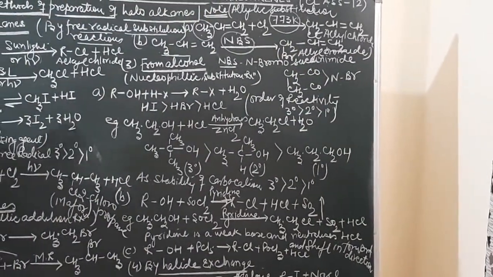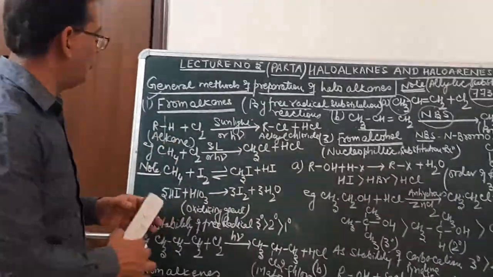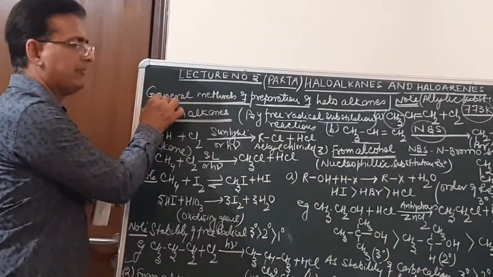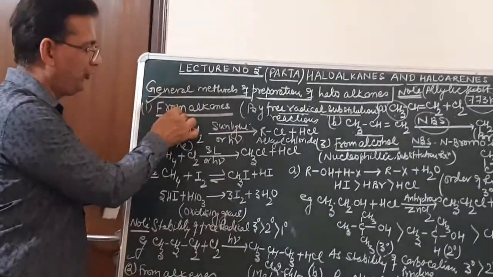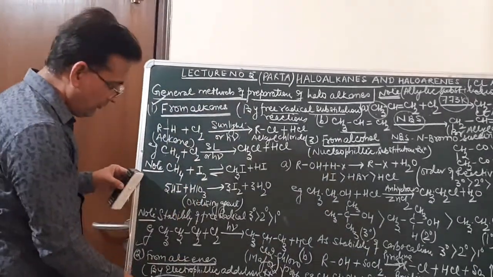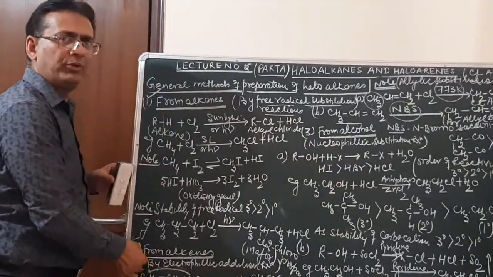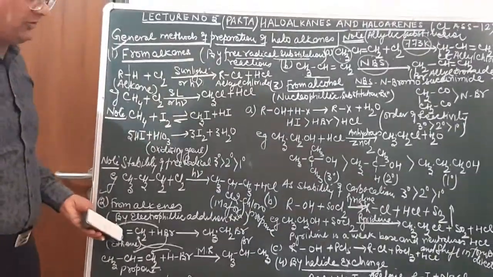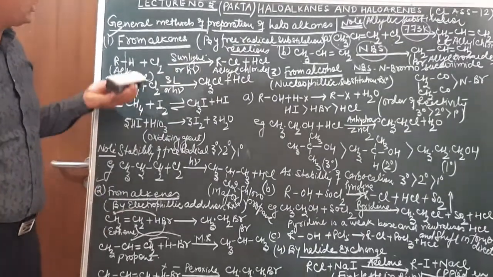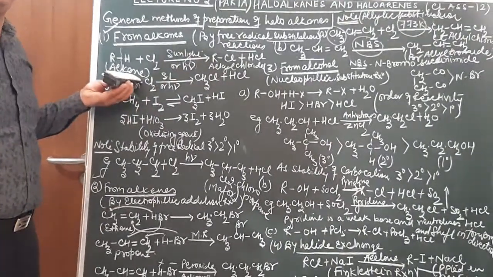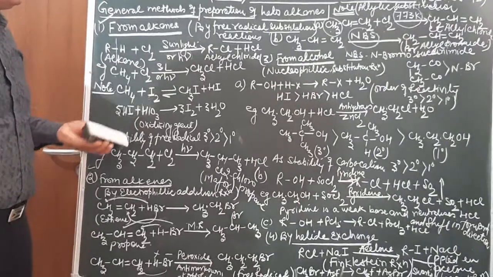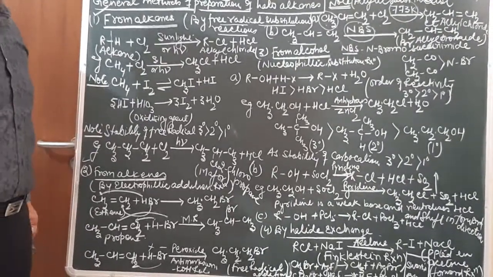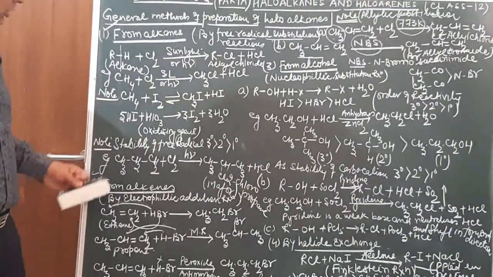If you try to clearly understand the concept, by now we have revised this reaction from class 11, which is free radical substitution reaction. Both the reactions were done in class 11, and this was electrophilic addition reaction. In free radical substitution reaction, the intermediate was free radical. The stability of free radical is 3 degree more as compared to 2 degree as compared to 1 degree.